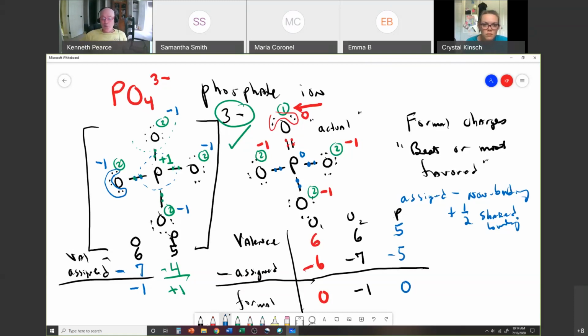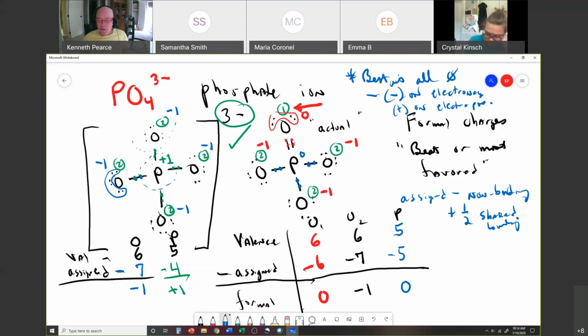Now, what makes one better than the other? Well, what we want is the ideal, the best. We're going to say best is all zeros. Okay, but if we can't have all zeros, we want to put the minus on the electronegative, and we want to put a plus on the electropositive.